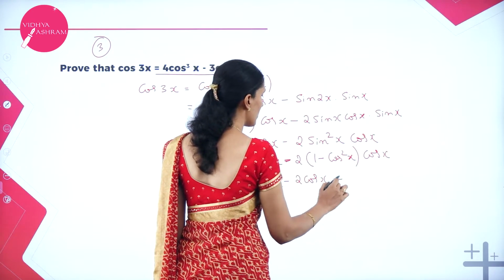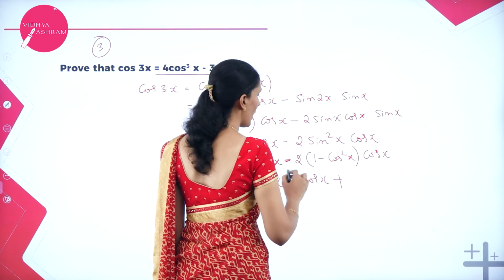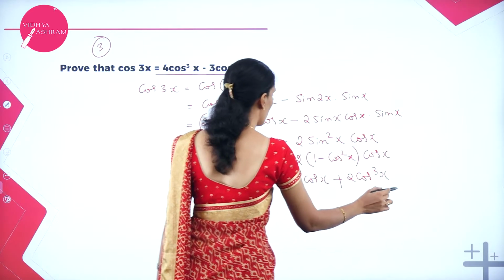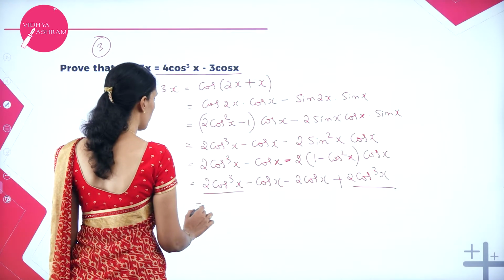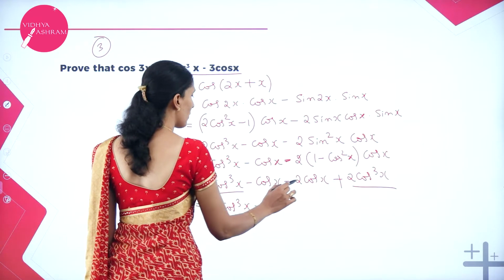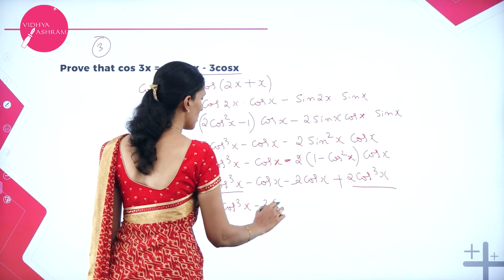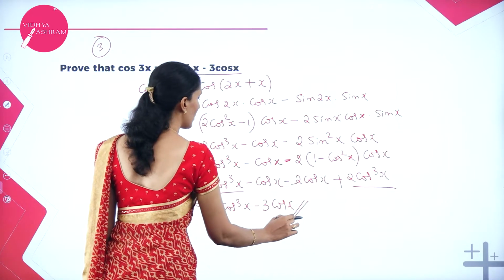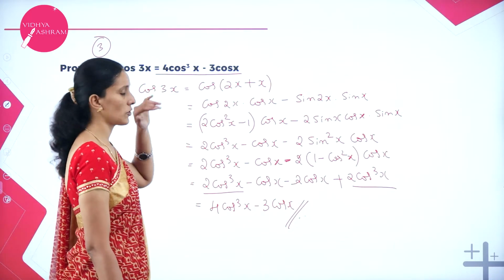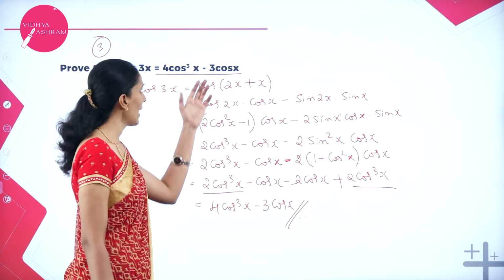Minus into minus is plus, you have 2 cos square x into cos x is 2 cos cube x. 2 cos cube x plus 2 cos cube x is 4 cos cube x. Minus 1 minus 2 is minus 3 cos x. So this is what we need to prove, that is cos 3x is 4 cos cube x minus 3 cos x.